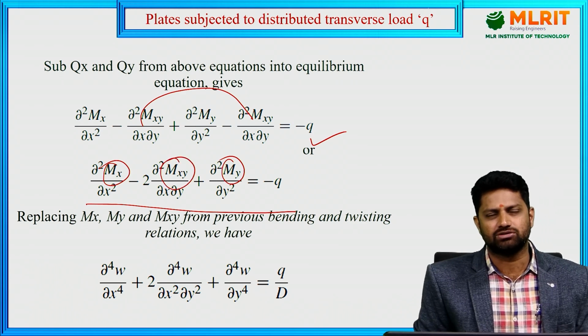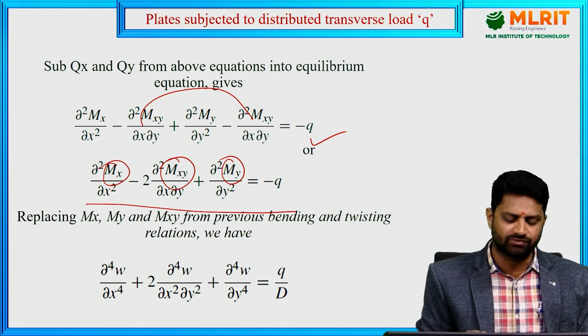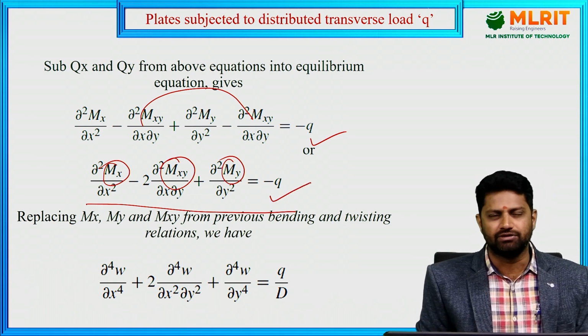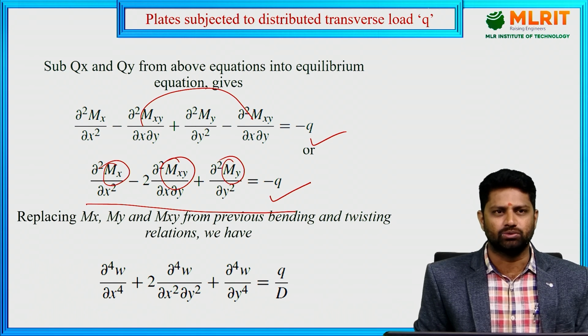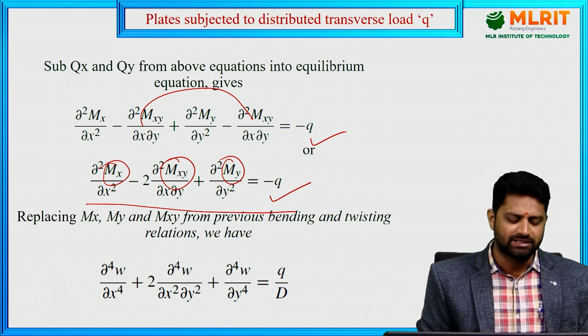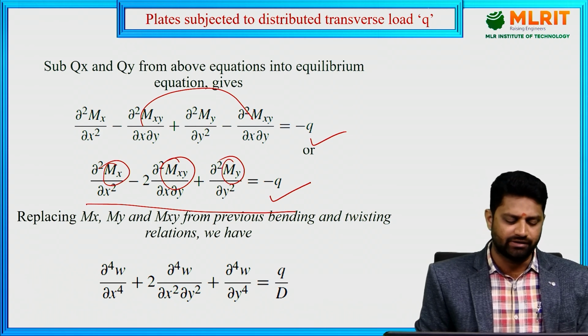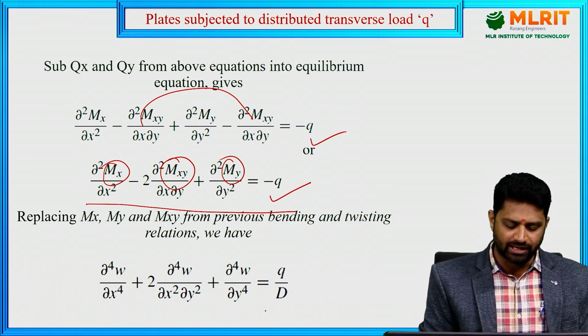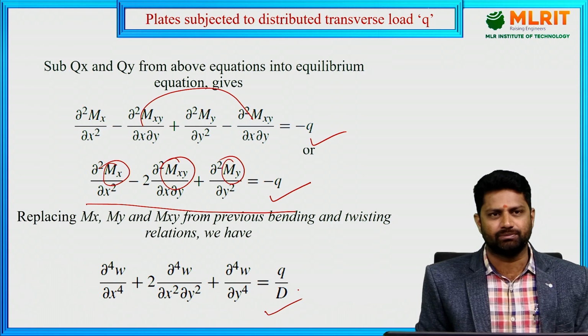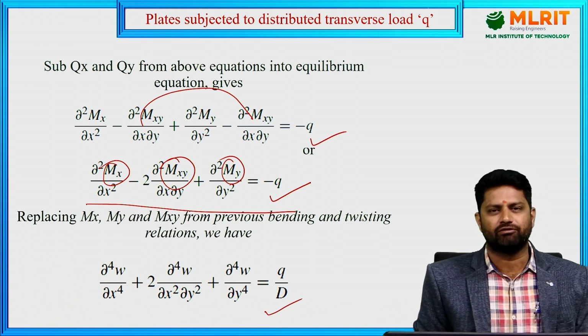Now let's substitute mx, my and mxy into this equation, which gives the entire equation in terms of the deflection of the plate W. Substituting, we get the final deflection equation: ∂⁴W/∂x⁴ plus 2 ∂⁴W/∂x²∂y² plus ∂⁴W/∂y⁴ equals Q by D.